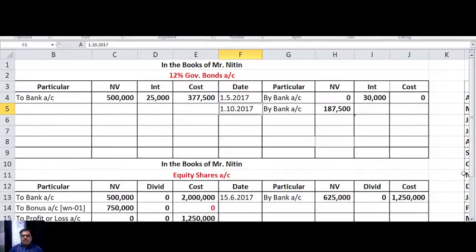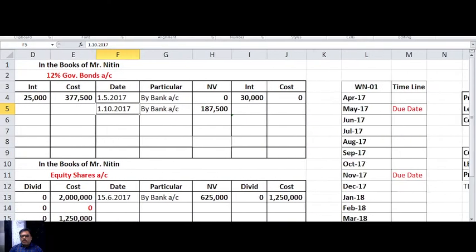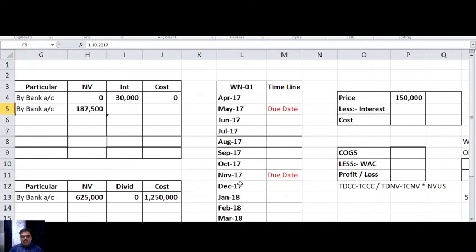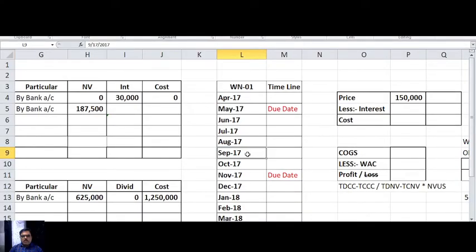Now this is 1st October. Now we have to calculate the interest from the last due date: May, June, July, August, September. So 1, 2, 3, 4 and 5.